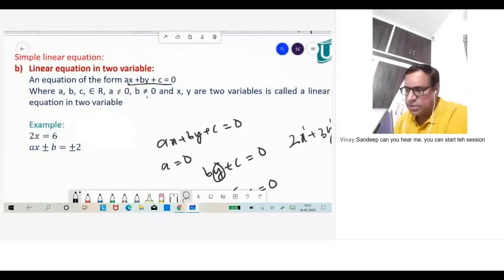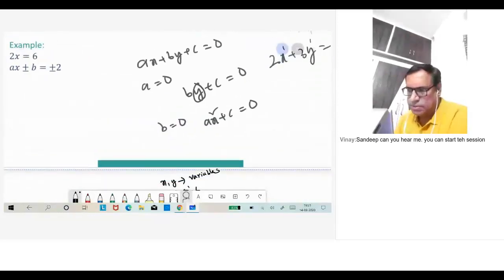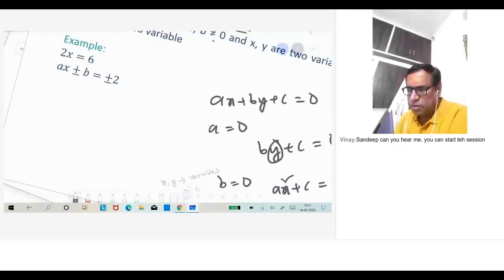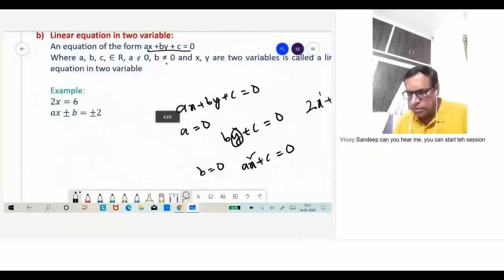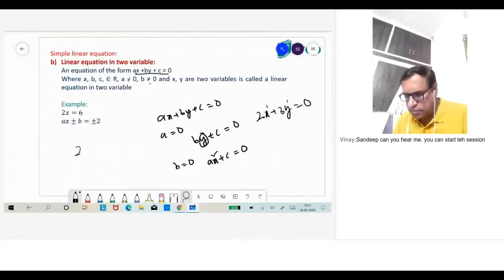You can take simple examples, something like 2x plus 3y is equal to 6, or 3x minus 4y is equal to 7.